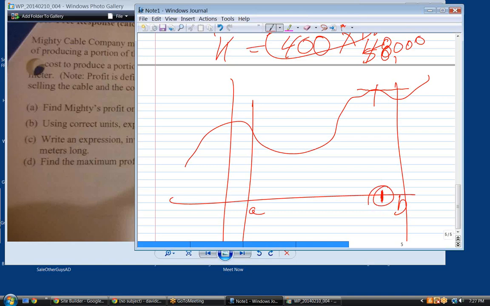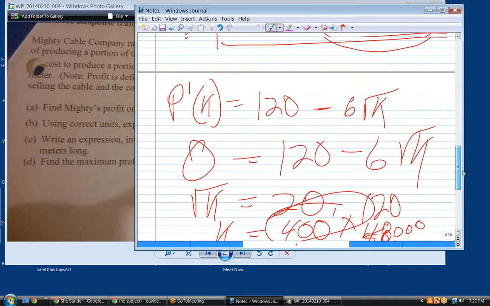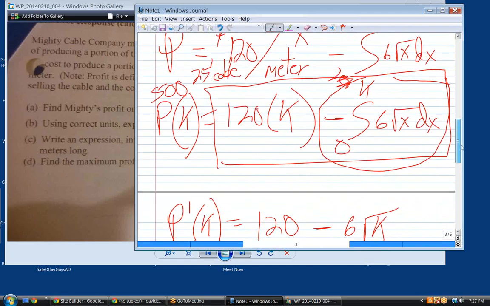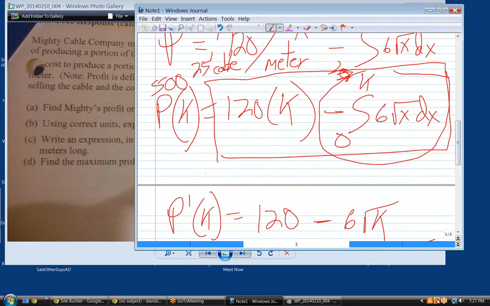Oh, we didn't even figure out the maximum profit. Excuse me, I didn't give you the right answer. 400 feet is K. So to figure out their profit, I have to substitute 400 back into here. So it's 48,000 minus the integral from 0 to 400 of 6 root x dx.